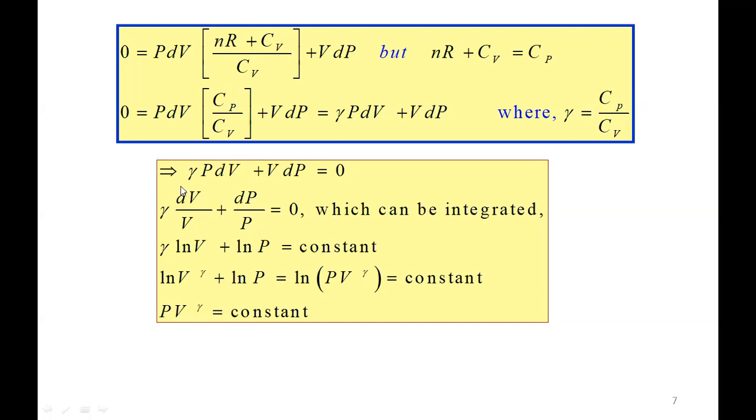So gamma PdV plus VdP equals 0. So gamma dV over V plus dP over P equals 0, which can be integrated, and we can integrate this equation.